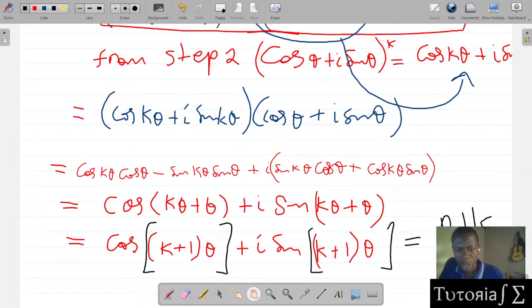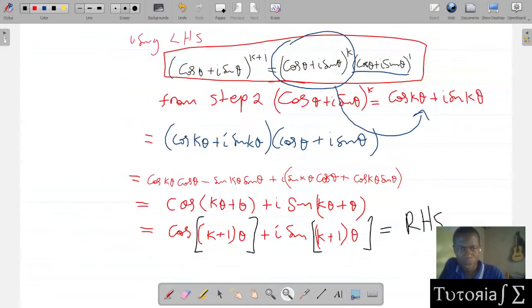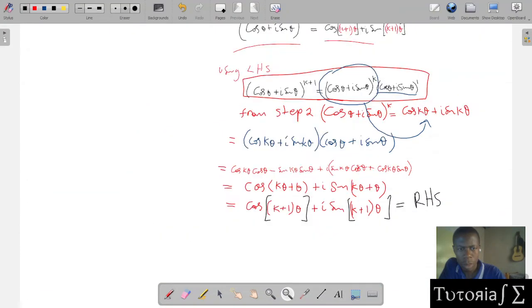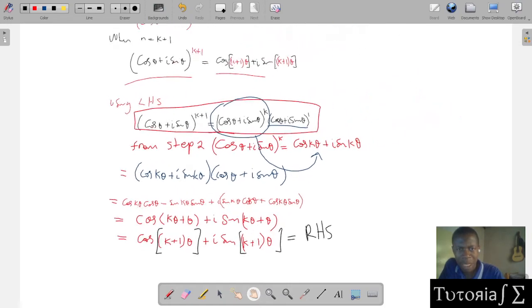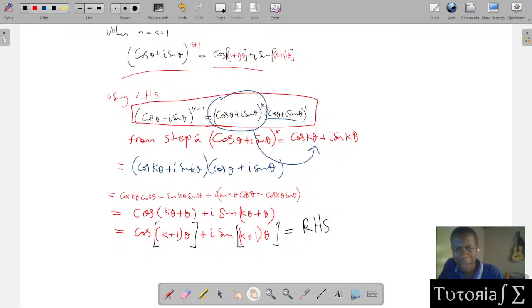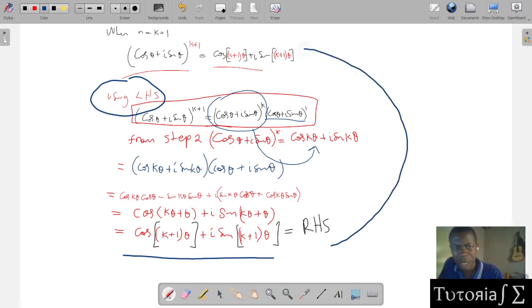Let me just draw it out here. I'm not sure if you'll be able to see that, but we have used the left hand side to come up with this, which is actually equal to the right hand side, as you can see there.